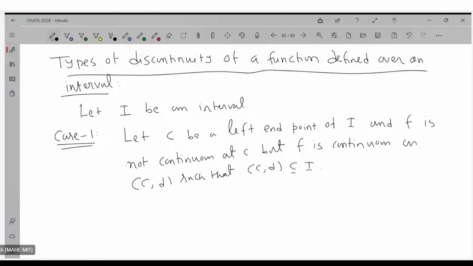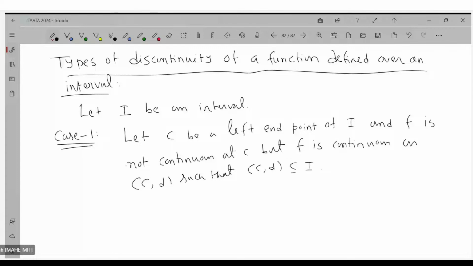So it's not continuous at the point, but in some neighborhood of that point. So we consider it in that sense. For this left endpoint of I, we don't know whether f is defined at the point C or not, but f is not continuous at the point C, but f is continuous on (C, D) basically. Okay.